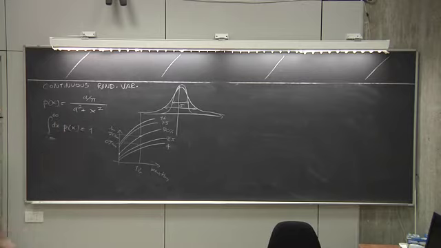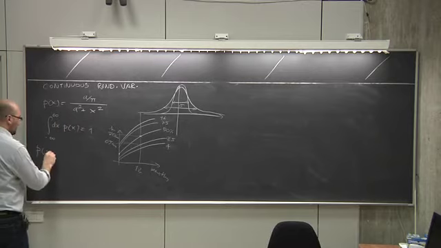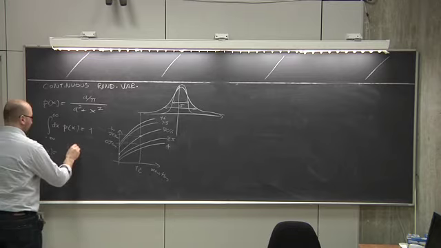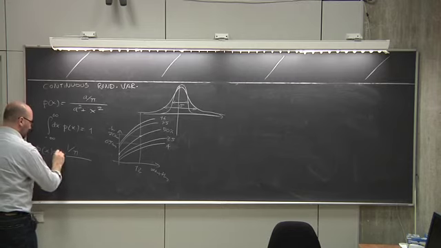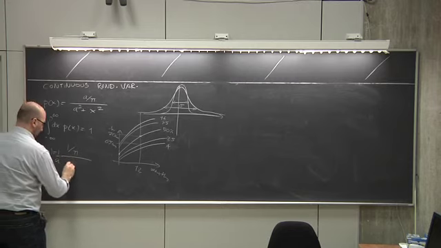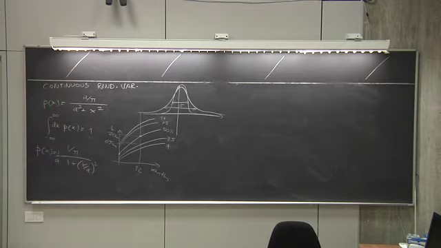Okay? I can write this probability distribution of x as 1 over pi, 1 over a, like this, okay?